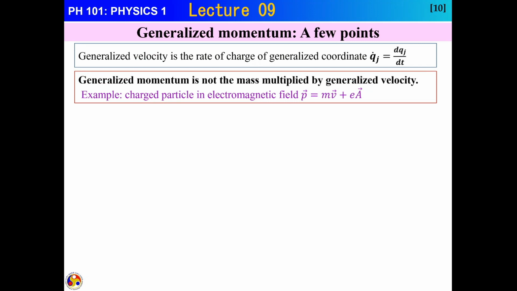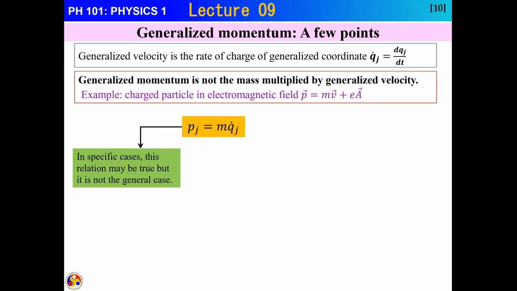That may be true for certain cases, but we have already seen the case of a charged particle in an electromagnetic field. This is not true, which says that I cannot simply write m q dot. Yes, it may be true for some special cases, but this is not the general form.